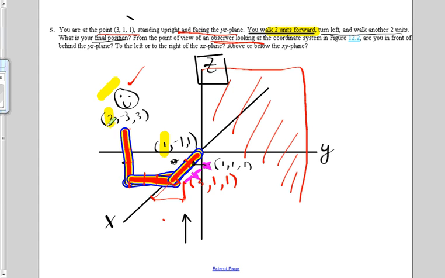Get it? So they're 2 distance away from the YZ plane. I'm 1 distance away. So if this observer were to look back at the YZ plane, I would be closer than they are. I'm only 1 away from the YZ plane versus being 2. So to my observer, I'm in front of the YZ plane.